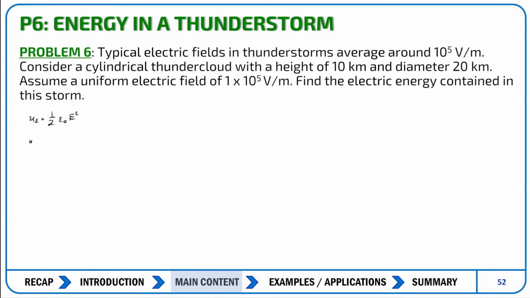All the values are given to us: 8.85 times 10^-12 coulomb squared per newton meter squared, and 1 times 10^5 volts per meter, which actually has to be squared. That gives us U_E equal to 4.4 times 10^-2 joules per meter cubed.